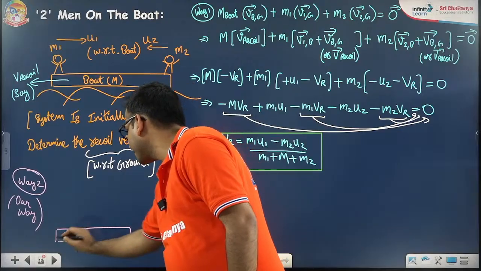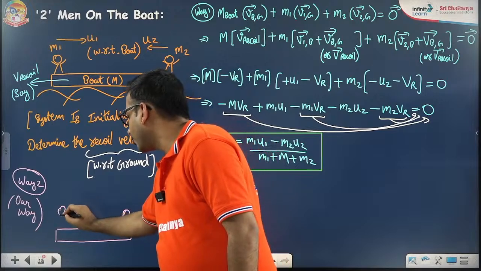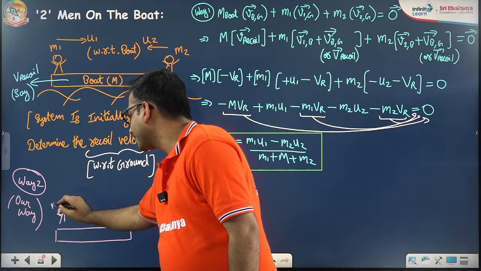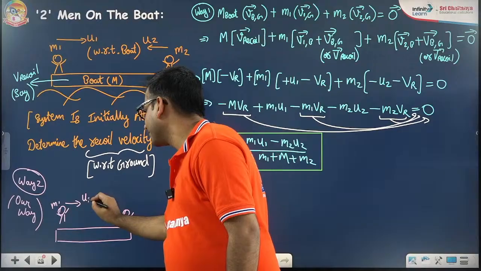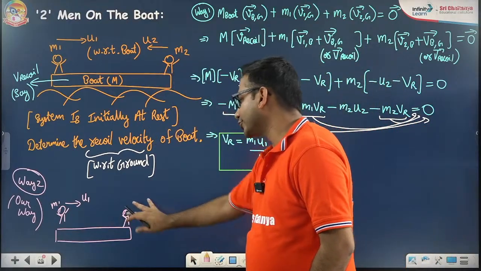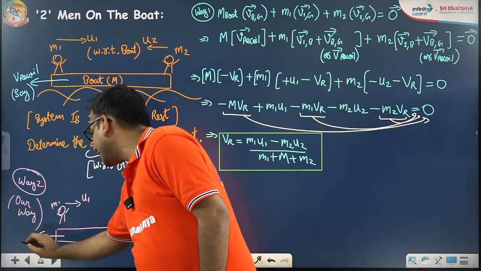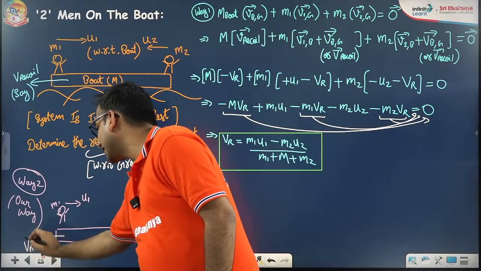Imagine that this M2 is not moving, only M1 is moving with U1, and M2 is stuck. So this time this will be recoil velocity 1, VR1.